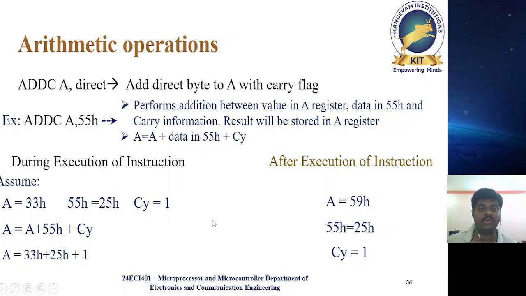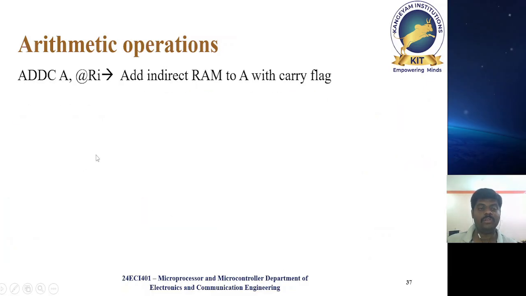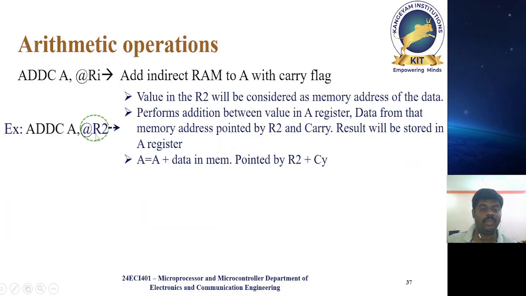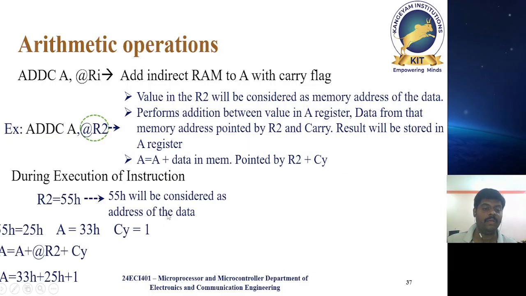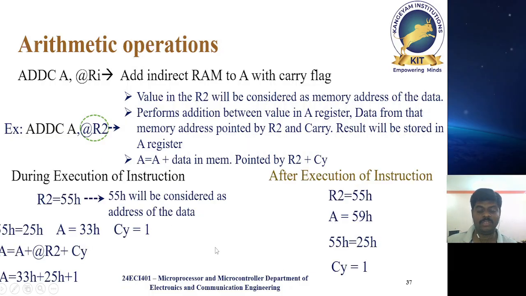This is what happens in almost all the instructions. Here also we can see ADDC A comma @R2. We know what @R2 represents. Since ADDC is given, the carry information will be added extra. Please go through this.